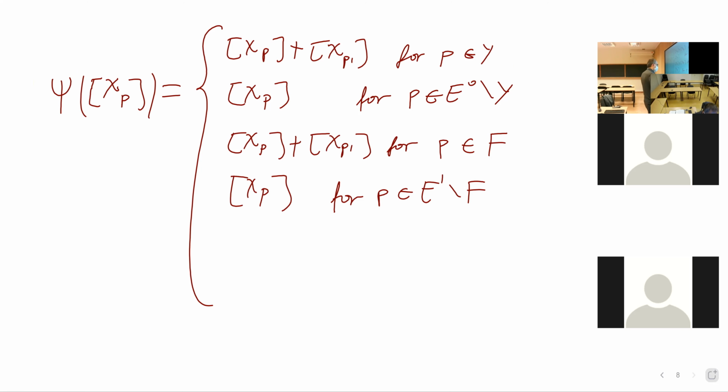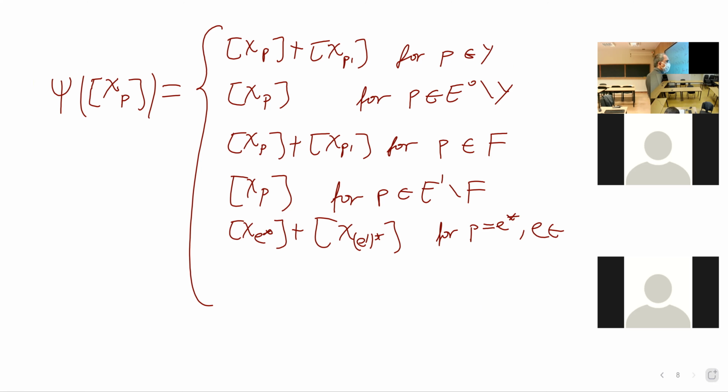Now let's continue. So we have chi e star plus chi e prime star for p equal to e star and e in f, and just chi e star for p equal to e star but p not in f.